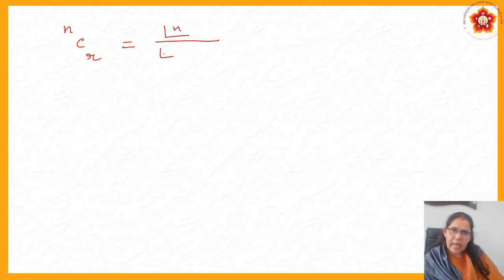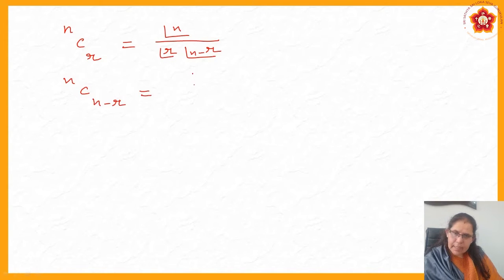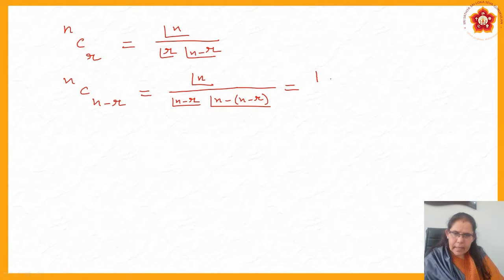NCR, as we know, is factorial n upon factorial r into factorial n minus r. Now let's see what is the value of NC n minus r. Let's use the formula: factorial n upon factorial n minus r, and the next term would be factorial n minus, n minus r. Let's solve it.